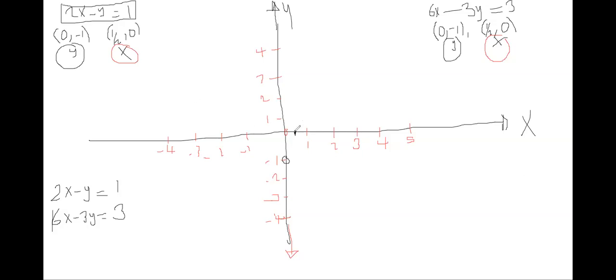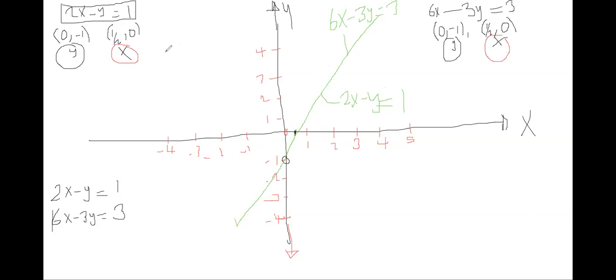This is always a struggle for me. Let's see how best it comes out. We have this line, and it represents both 2x minus y equals 1 as well as 6x minus 3y equals 3. So this is the graphical solution.